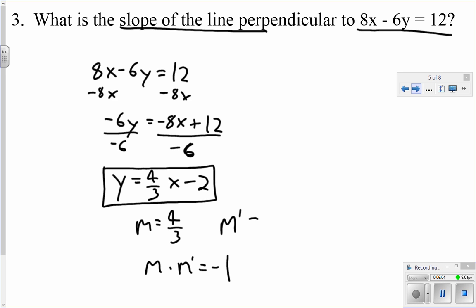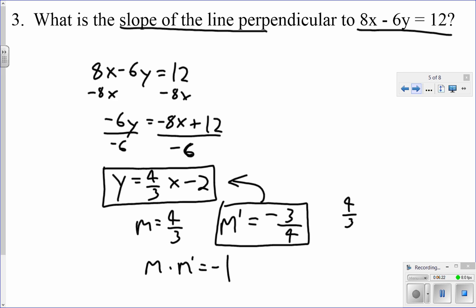So first, make it opposite. It was positive 4/3 before. Now it must be negative, and reciprocate it, and I get -3/4. So this must be the slope of a line that's perpendicular to that line. To verify this, I can do 4/3 times -3/4, and I see that's equal to -1.